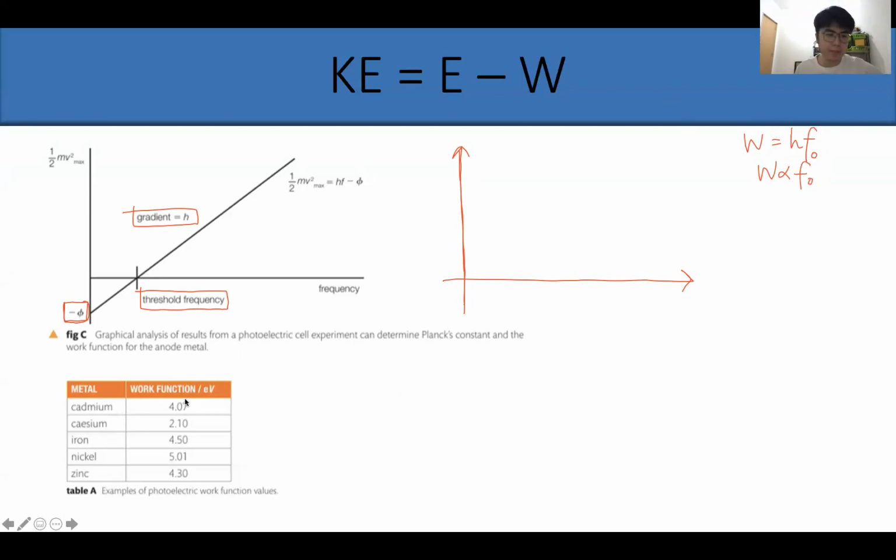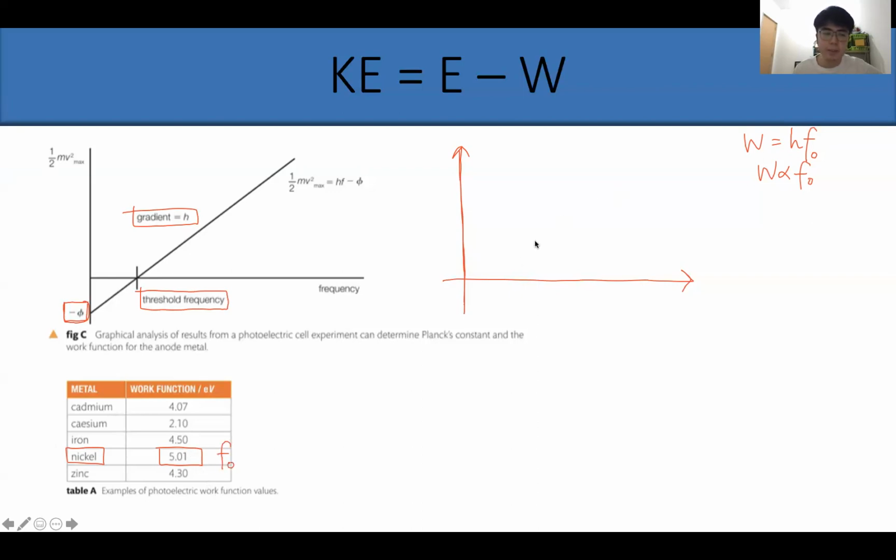If we have these metals with different work functions, which one is the highest? Nickel, 5.01. So nickel has the highest work function, which means it also has the highest threshold frequency.